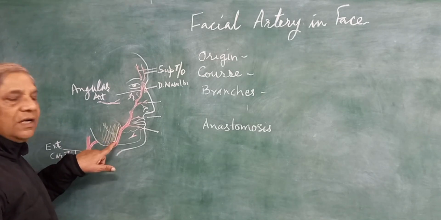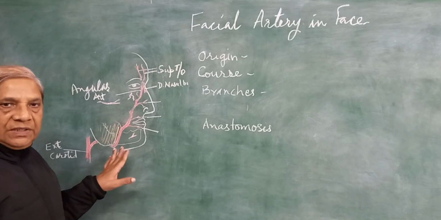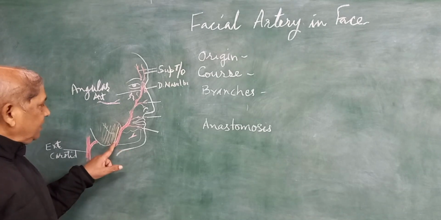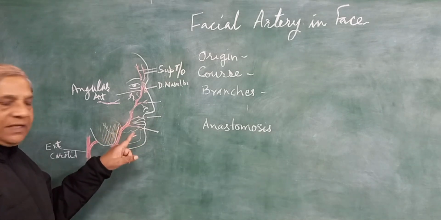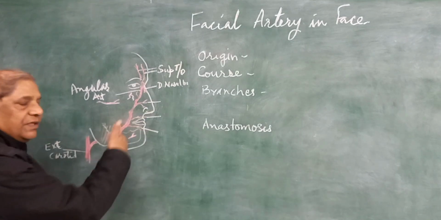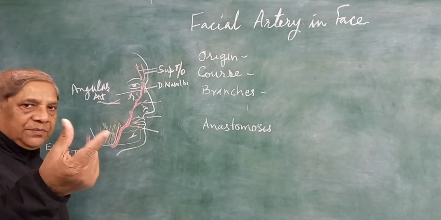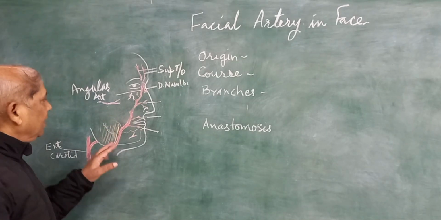You press this artery against the hard mandible, and then the pulsation can be felt. Similarly, the pulsation can also be felt at the angle of the mouth by putting one finger inside the oral cavity and pressing with the thumb.